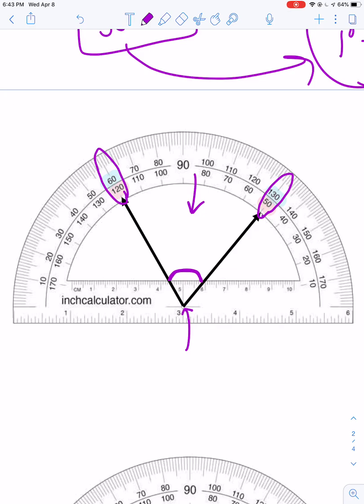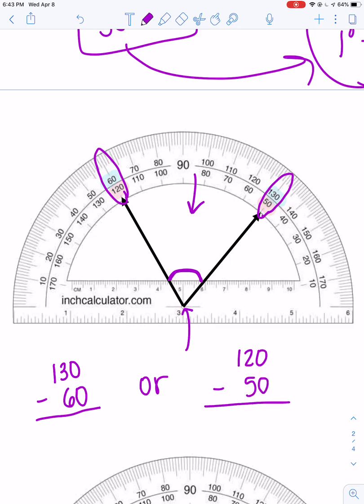However, I can only use both of the top numbers or both of the bottom numbers. So for example, I can subtract 130 and 60, or I can subtract 120 and 50 because they fall in the same color groups.